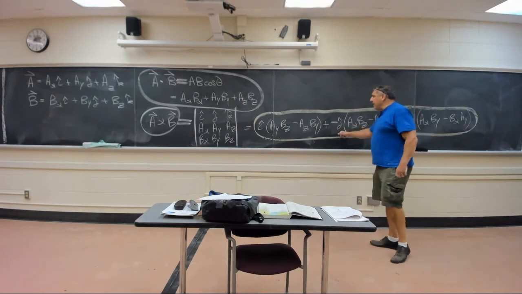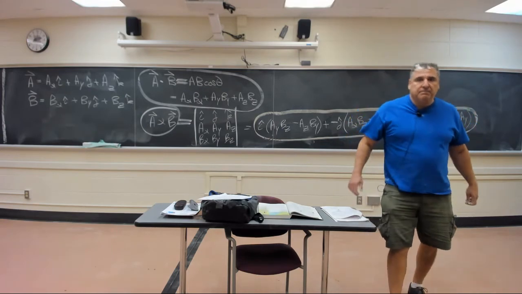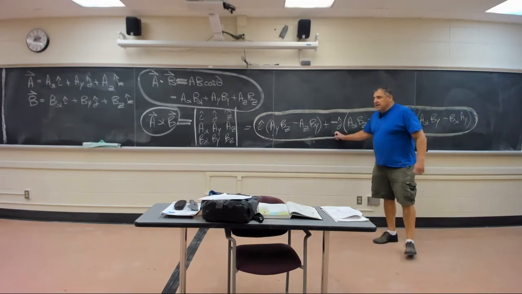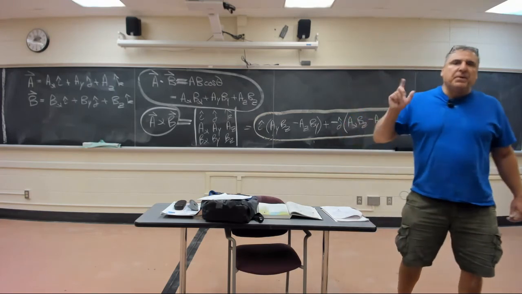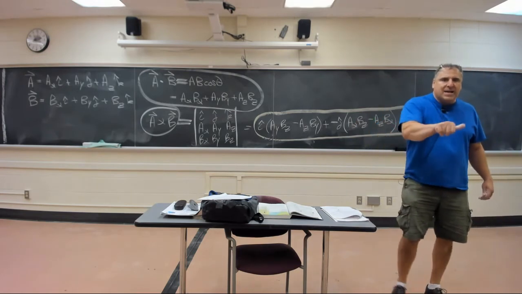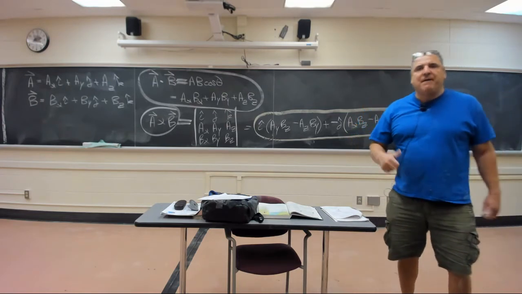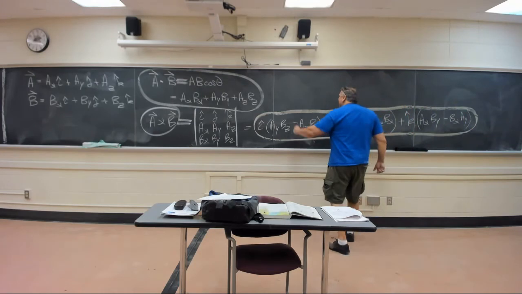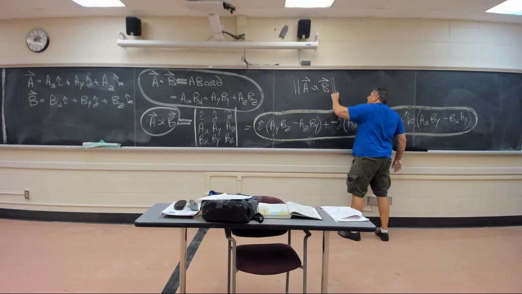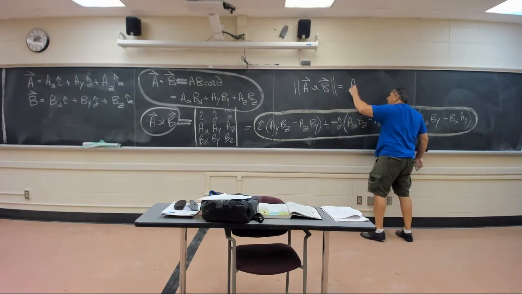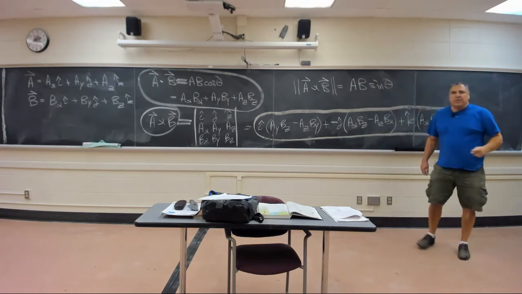That thing right there is perpendicular to both vectors, A vector and B vector. It is perpendicular to both of those, and in a right-handed manner it projects outward, perpendicular to both A vector and B vector, and it is as big as the product of the magnitudes of A and B times the sine of theta between the two vectors A and B.